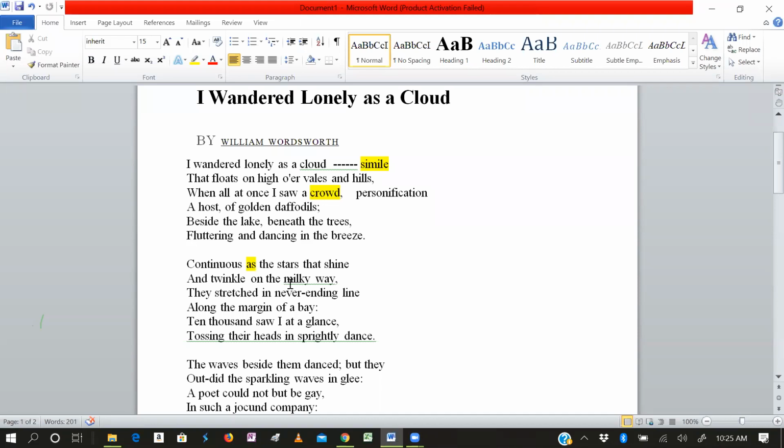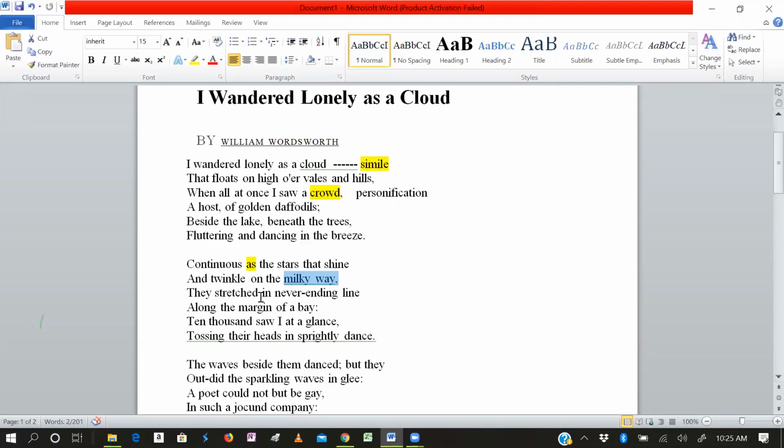So the same, continuous, they are in large number, and the stars are shining and giving brightness down.